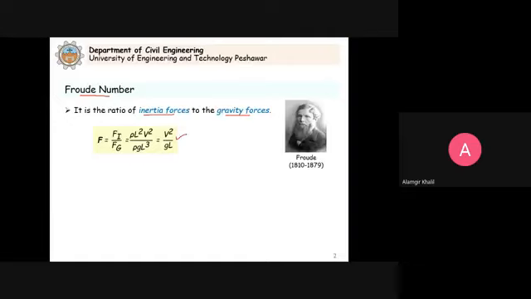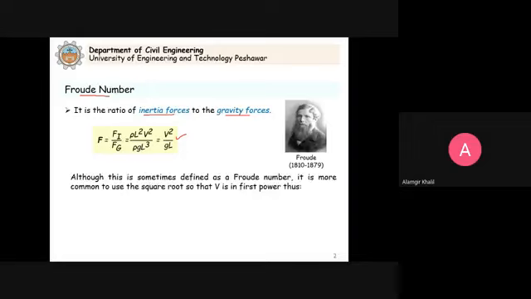We already discussed in the previous lecture what the expressions for these forces could be. So this is equal to V squared divided by gL, where L is the characteristic length. This is also a possible form of the Froude number.